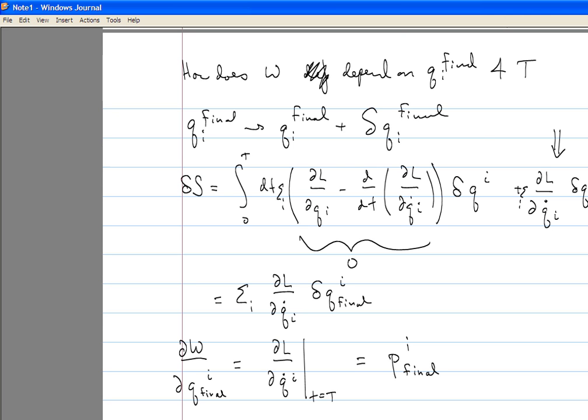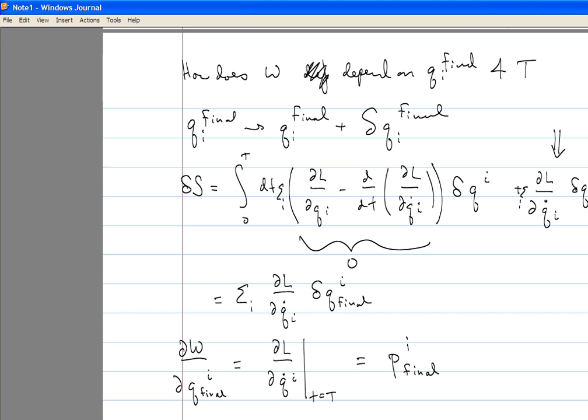It's the final momentum. Is that clear? Any questions on that? Okay, so that's how W depends on QI final.